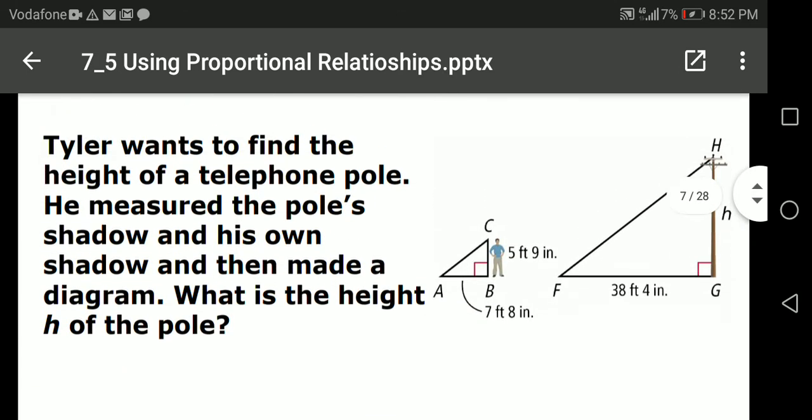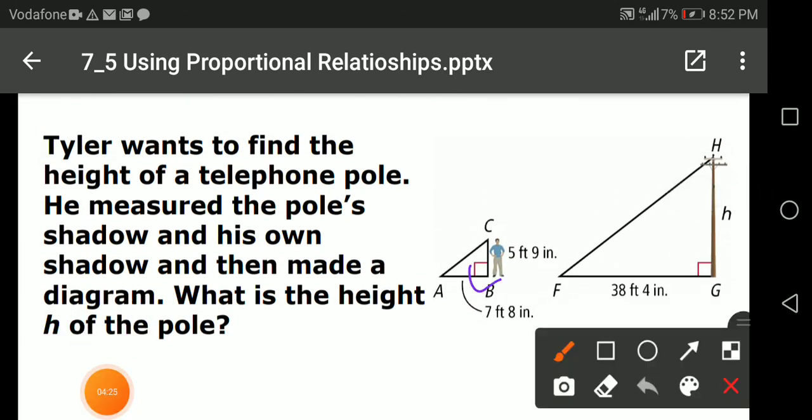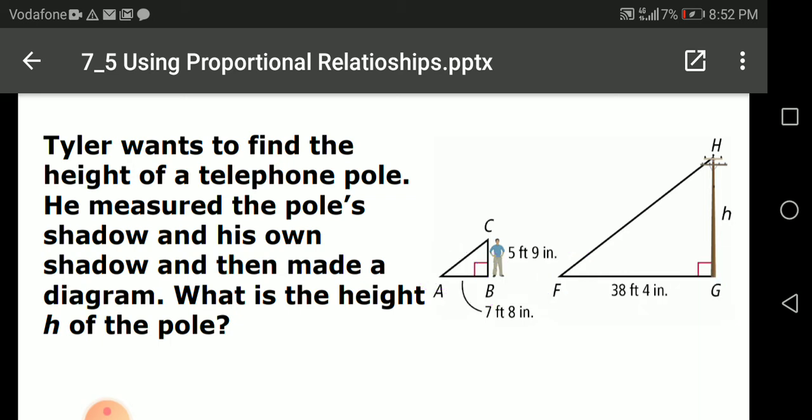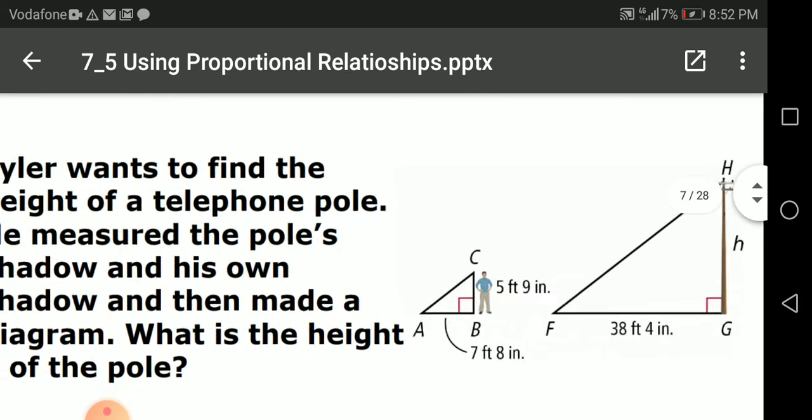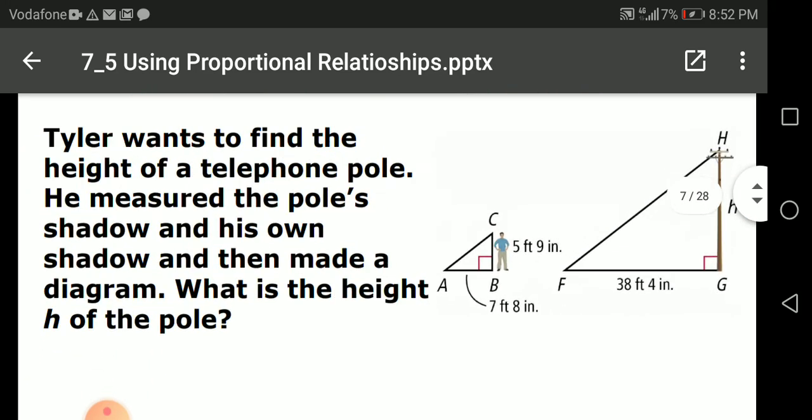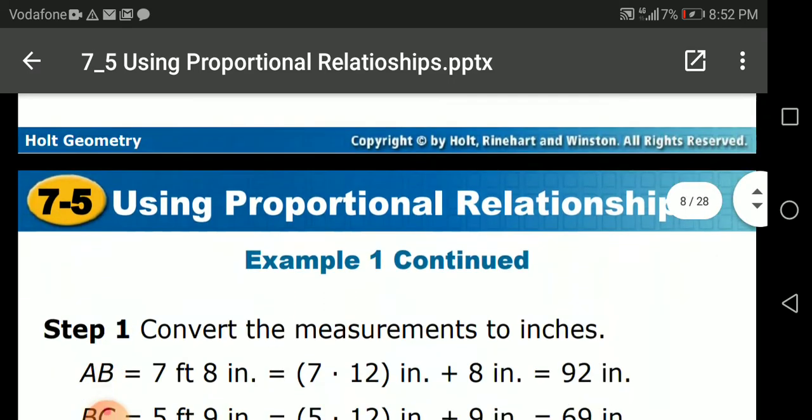Remember, this is a right angle triangle and this is a right angle triangle. The two corresponding angles are congruent also: measure A is congruent to measure F, measure B congruent to measure G. So we have similar triangles, not congruent but similar.